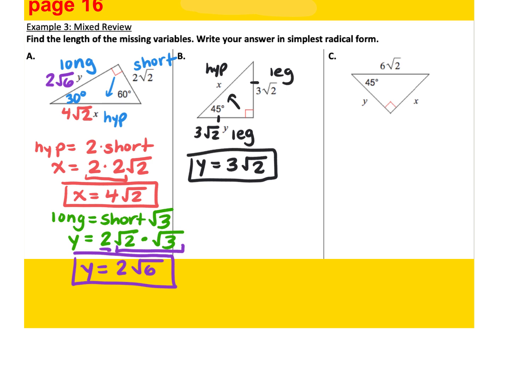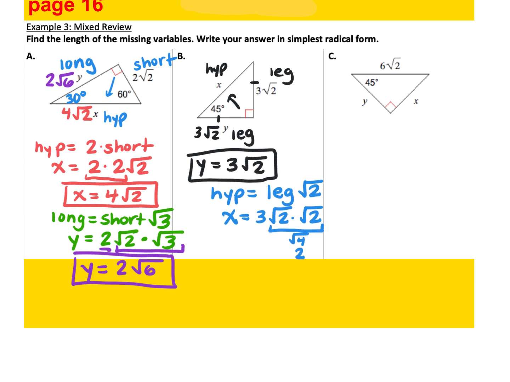Now we need to find the hypotenuse, and in a 45, 45, 90, the hypotenuse is the leg times the square root of 2. So here x is going to be 3 root 2 times root 2. And recall here that a root 2 times a root 2 is root 4. But square root of 4 is a perfect square.